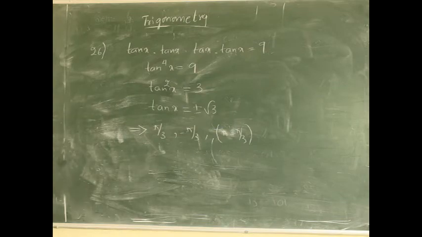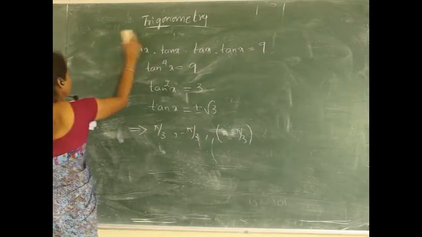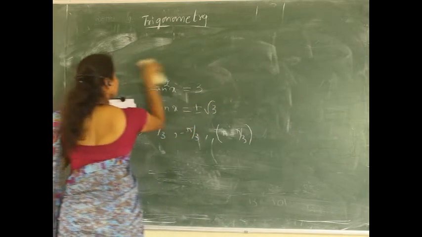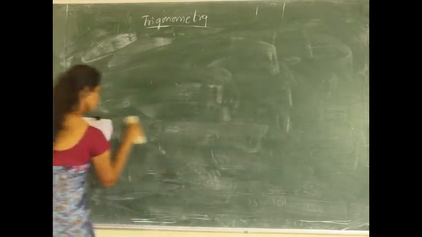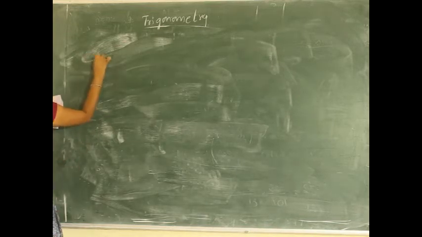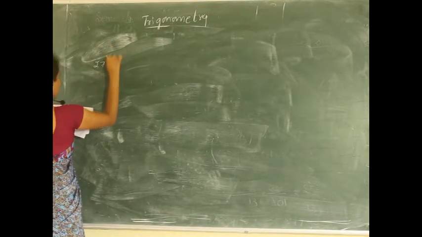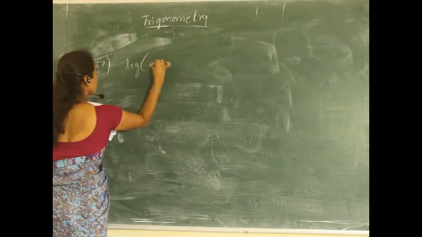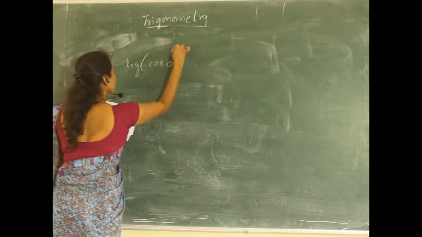Next, 27. That is also somewhat simple. So log of cos 20 degrees, log of cos 19 degrees, and when we go on like that, we reach log of cos 0 degree.